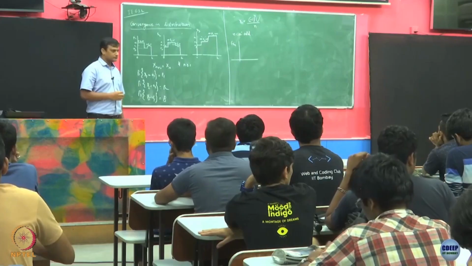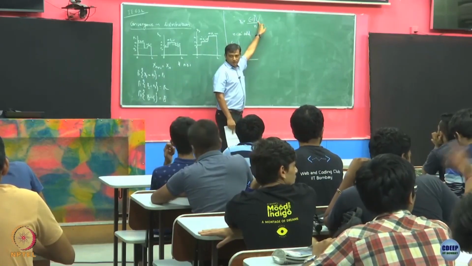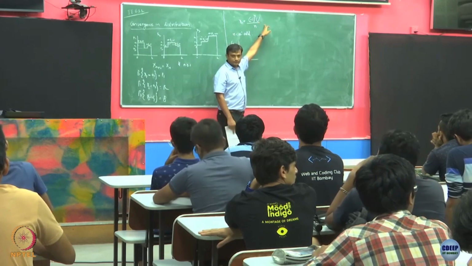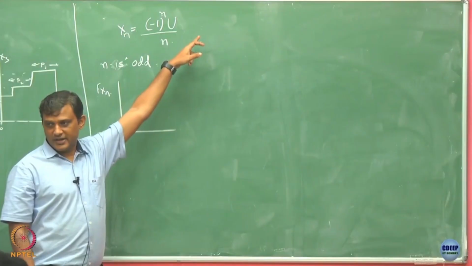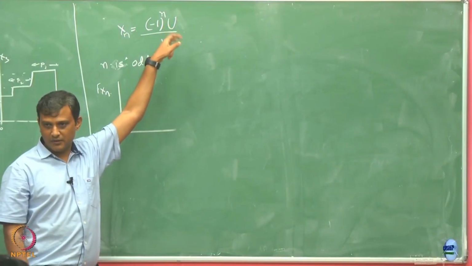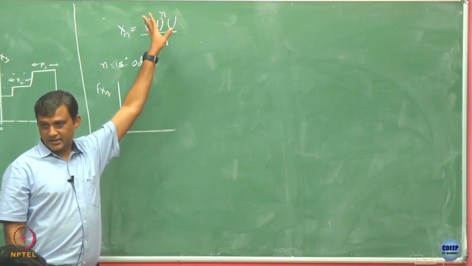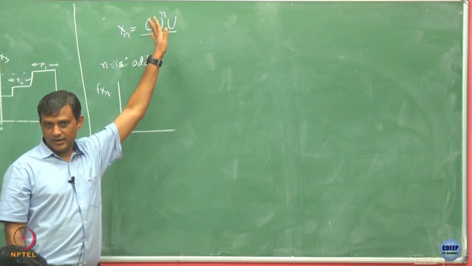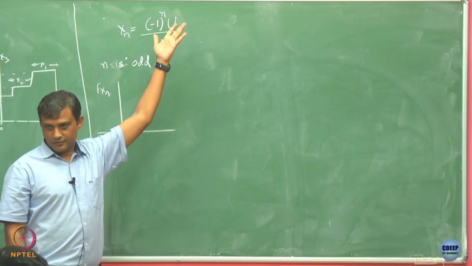So your value u takes values between what, 0 and 1, right? Its smallest value is going to be when u equals 1. In that case it is going to be minus 1 to the power minus 1 divided by n, because n is odd here, okay, and its largest value is going to be 0.